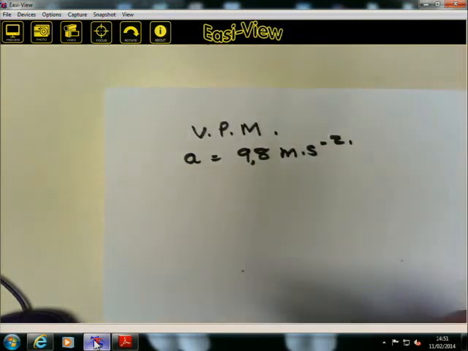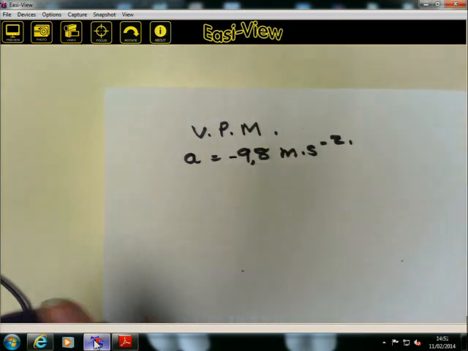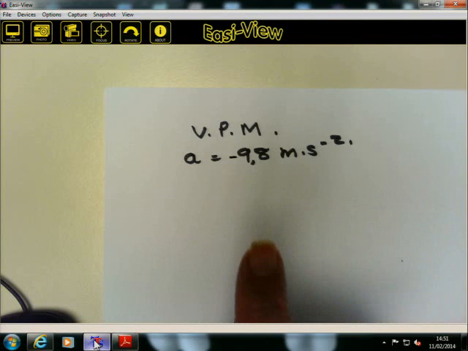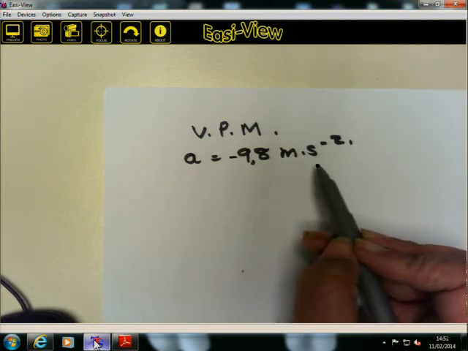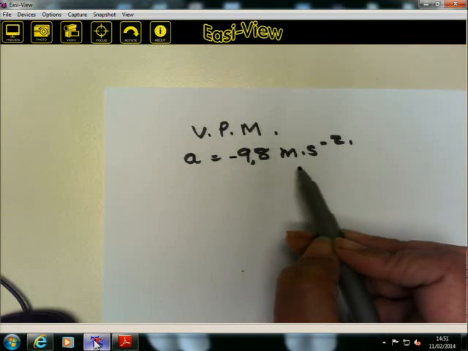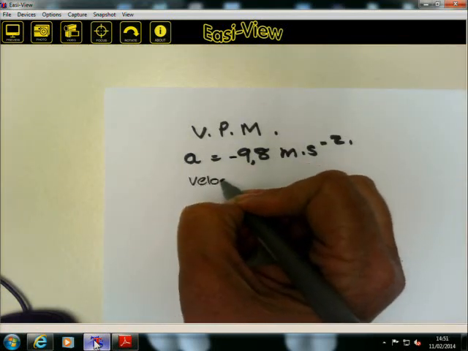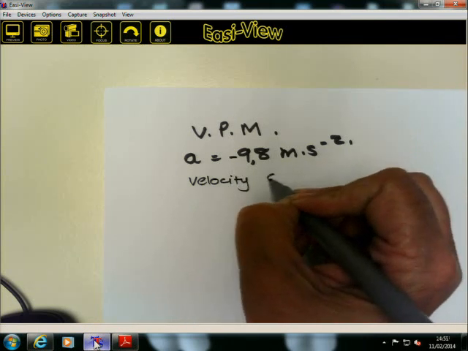And whether you take 9.8 as positive or negative at this point is irrelevant. I'm going to try and work with it mostly as negative today to give you an idea, but it doesn't matter. What you need to know here is that it is constant. And because there is acceleration, it means that the velocity will be changing.